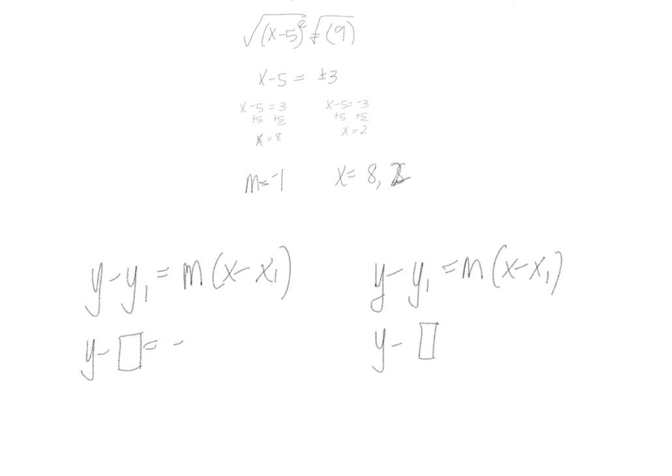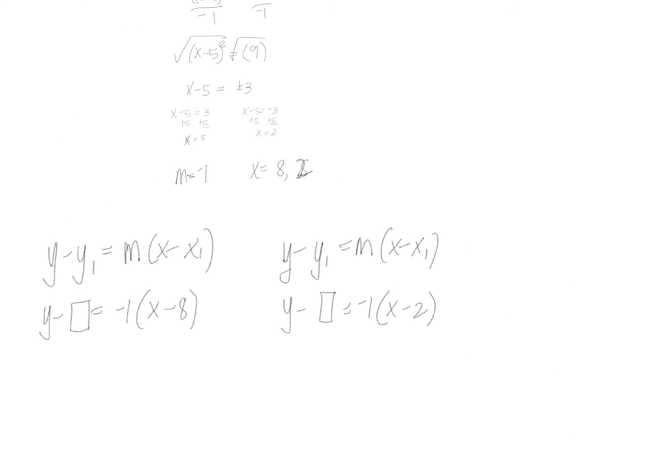But you could go ahead and plug in the slope of -1 and then x minus 8, and -1 and x minus 2. But we need to find the y value for when x is 8 and when x is 2. We need to find those respective y values, and you can do that by plugging into the original.